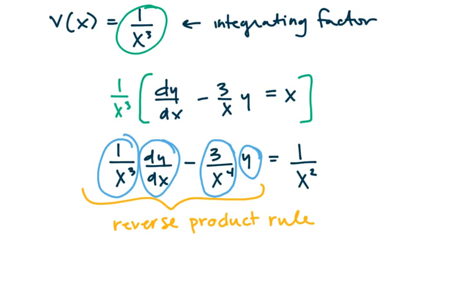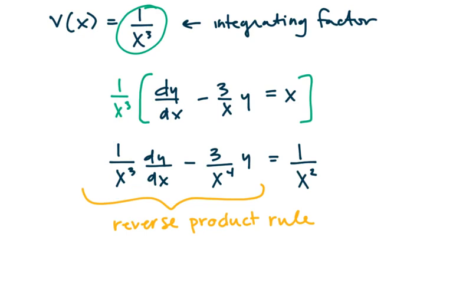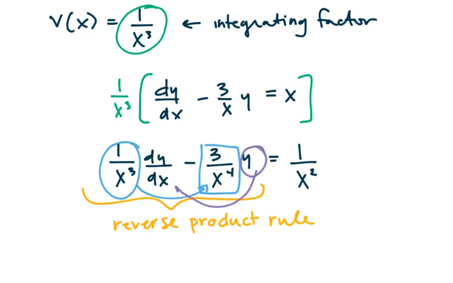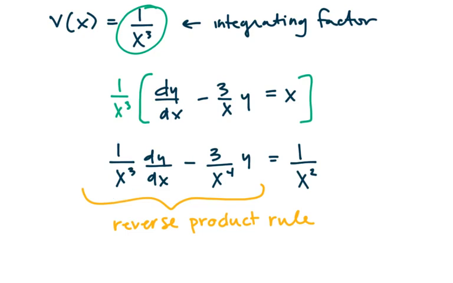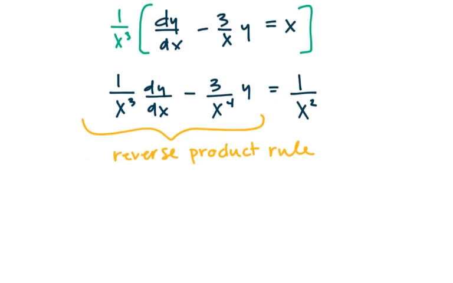We picked that integrating factor so that if I take the derivative of this, I end up with that. And similarly, the derivative of y with respect to x is dy dx. The whole purpose of doing that proof was to show you how we pick the magic v, so that this always works out on the left-hand side to be the reverse of the product rule.